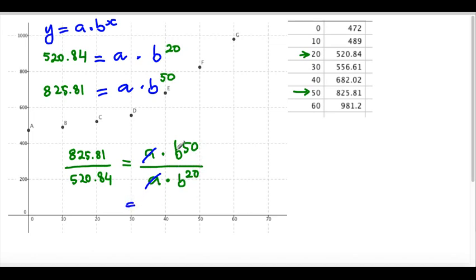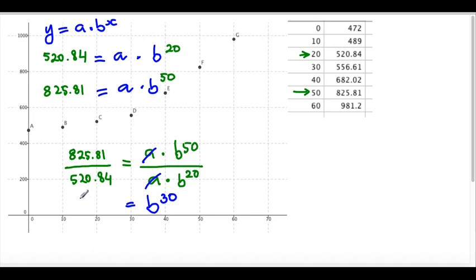And what do we know when we have an exponent with the same base and we divide these two expressions? We are going to subtract the exponent. So what do I have? I'm going to have b to the power of 50 minus 20, which means b power 30. And on this side, I will have this number here.